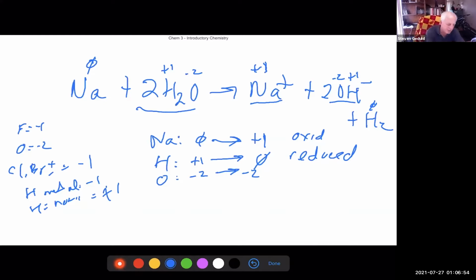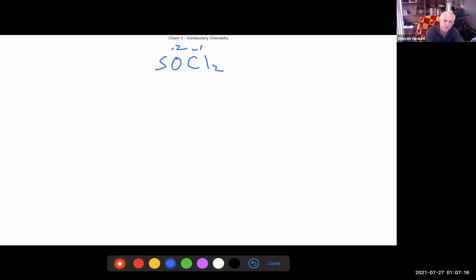SOCl2. Now we know oxygen, looking at our order of steps, is -2. We know chlorine is -1. So now we have to solve to make it equal 0 for sulfur. Let's put sulfur as X, and we have -2 for oxygen, and chlorine is -1 twice, so that's also -2.